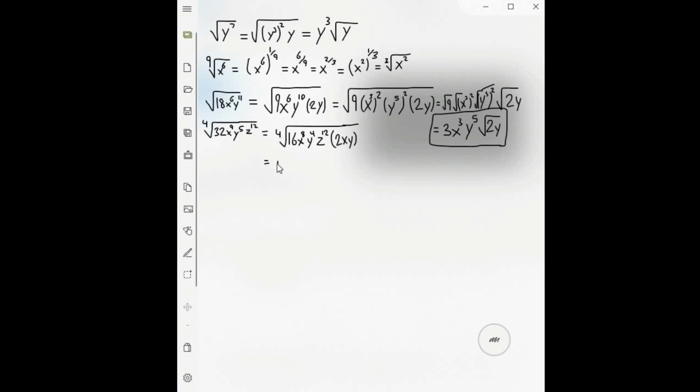And again, I'll just make a bunch of separate radicals, just to let you know what is its own thing.